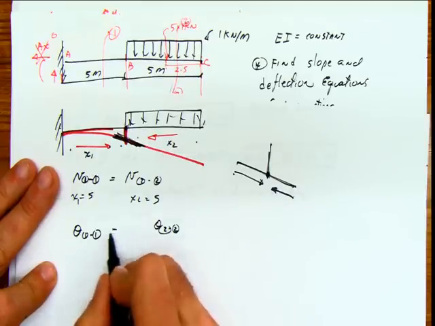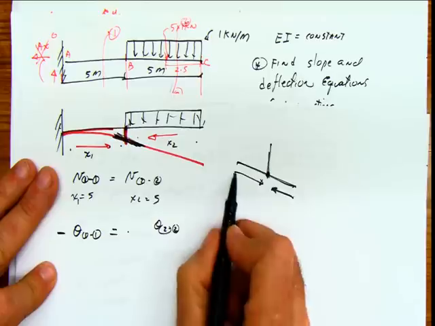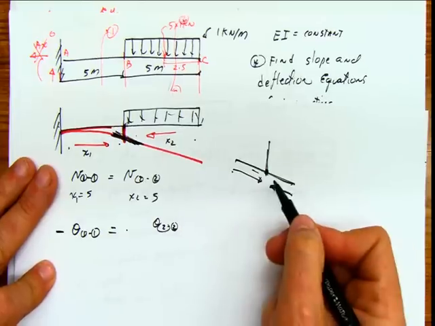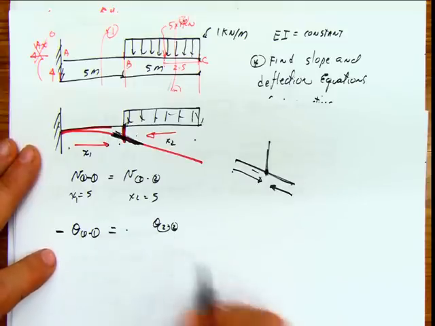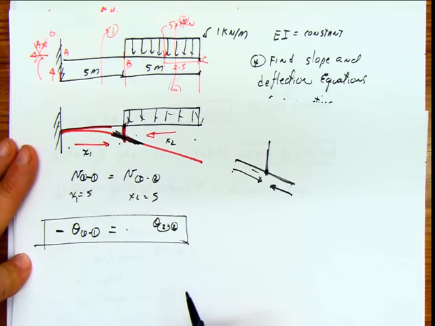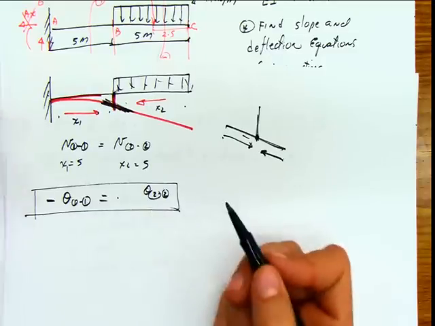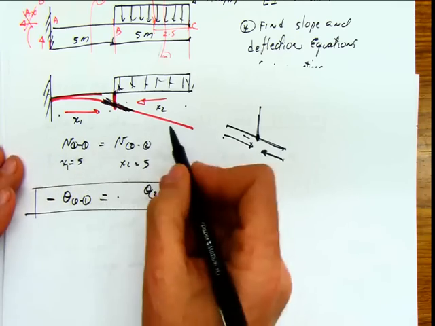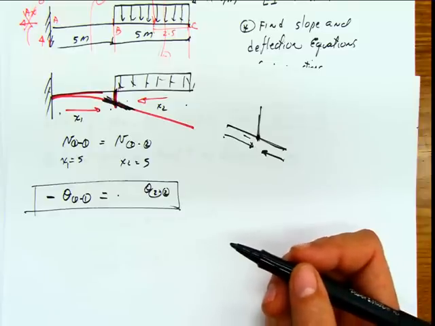So this slope is going to be the negative of the other slope. The magnitude is the same, but because one is coming down and one is going up, the way I set it up, they are opposite to each other. And this is the most critical point here. Most people say the slopes are the same, and they might be, but not in this case, due to the way I am using my axes of reference for each one of them.